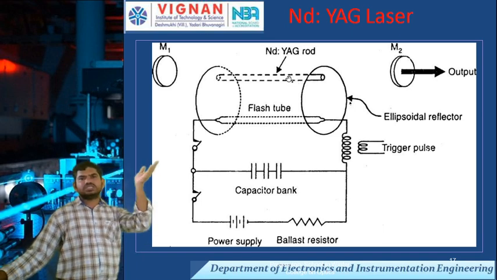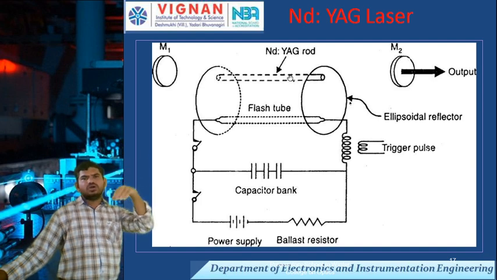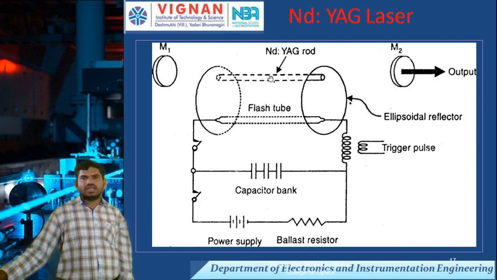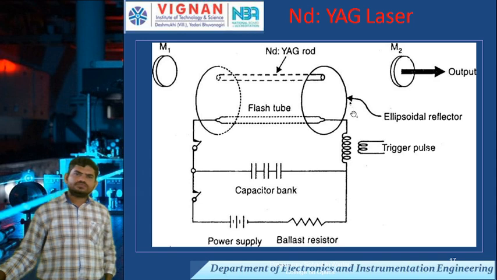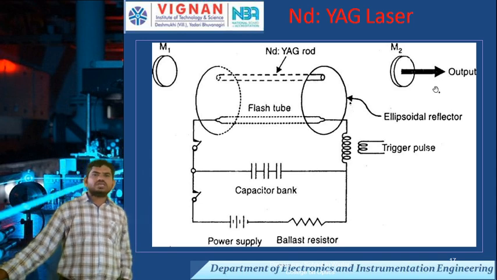When it reaches over the threshold value, some of the light goes out through the partially reflecting mirror. Then we get some output.